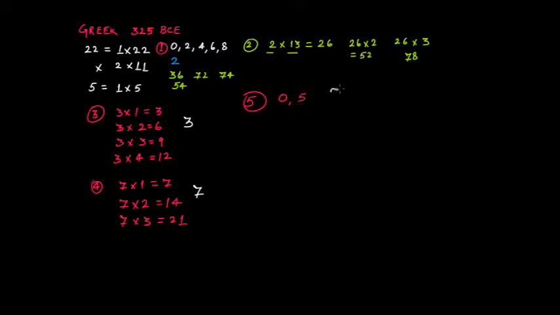So if you are given 60, 65, 75, 95, and if it's asked whether these numbers are divisible by 5, you would say of course all numbers are divisible by 5, because 60, 65, 75 and 95 have either 0 or 5 at the units place. So any number which has 0 or 5 at the units place would be divisible by 5. These are some of the important points that you should keep in mind.